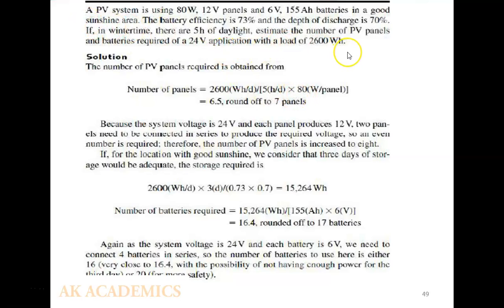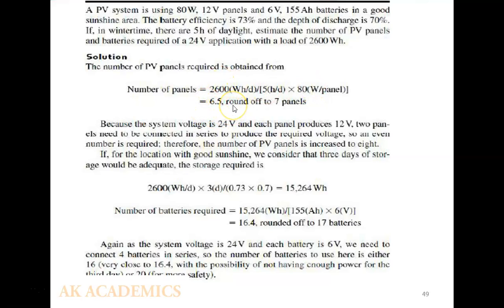Now from the question here, we have been told what the total energy consumption would be. So to meet this energy consumption of 2600 watt hours, how many panels would we need to connect together to meet this particular load demand? It will just simply be the total load demand divided by the energy supplied by one panel. That's why we have 2,600 divided by 5 times 80, or divided by 400. If you do that, you would obtain 6.5.